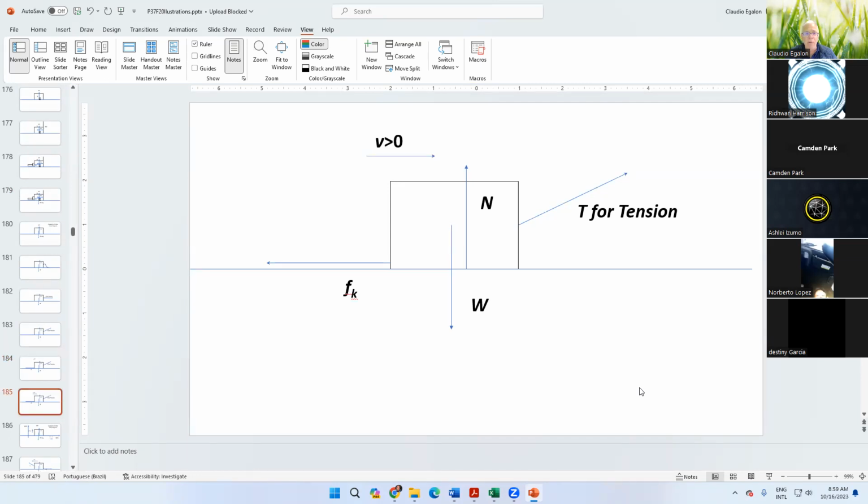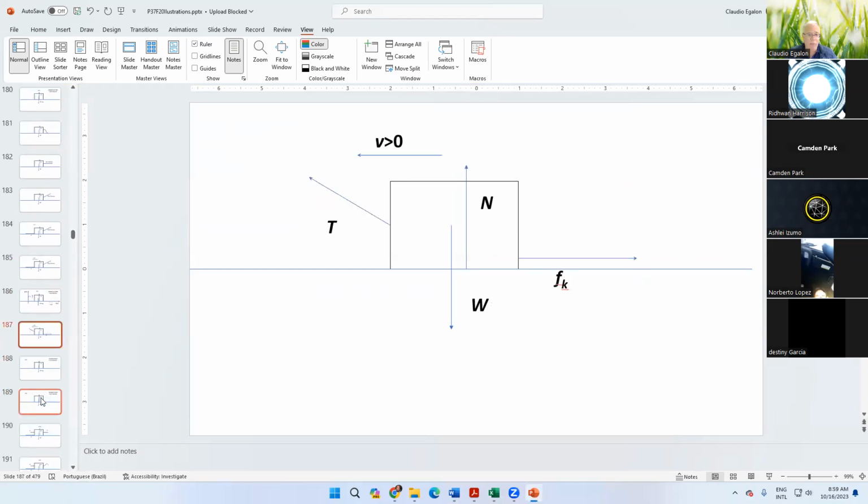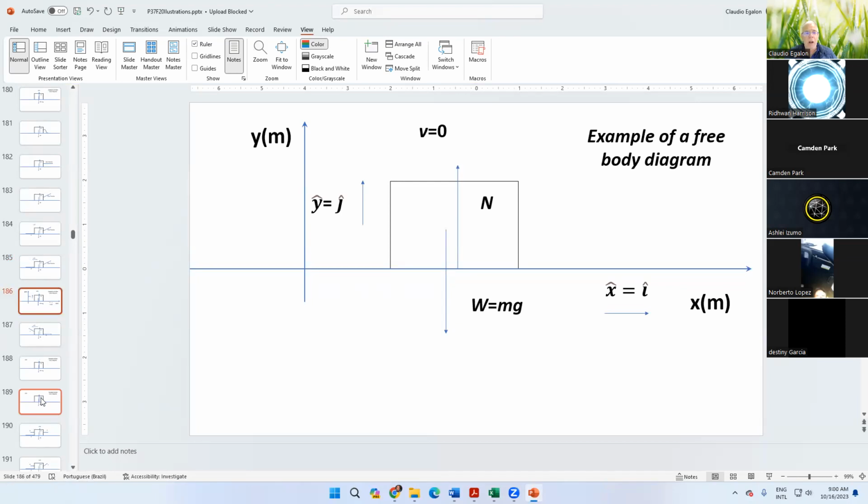If the object is moving with constant velocity, it means that the force of friction that we have is going to be the kinetic force of friction. There is a very important difference between those two forces. I'm going to comment in more detail about that, and let's see if I have more. Oh yeah, I have more.